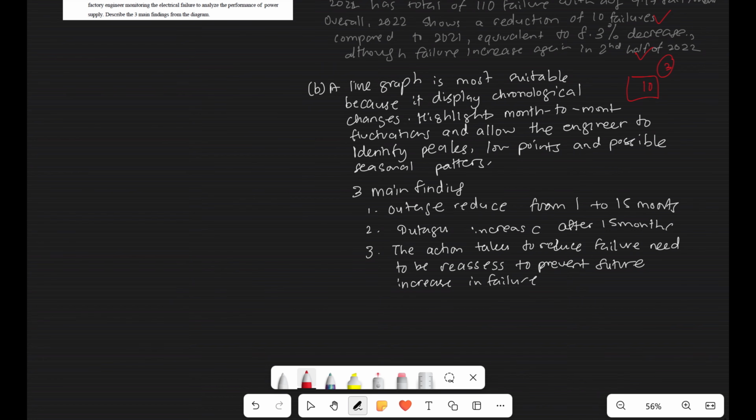Okay, so for this one, this is 2 marks and then this is 1 mark each. Okay, so that is 5 marks.